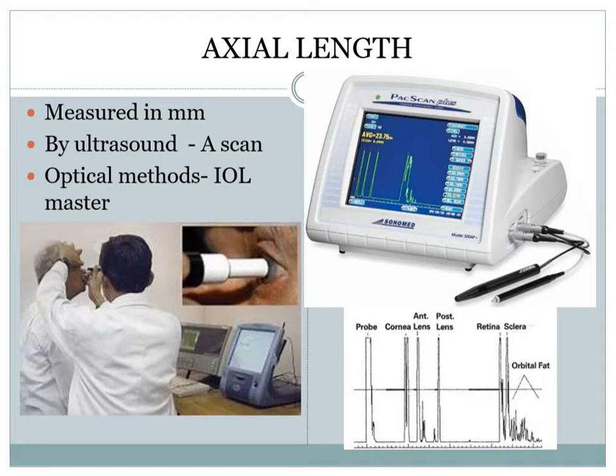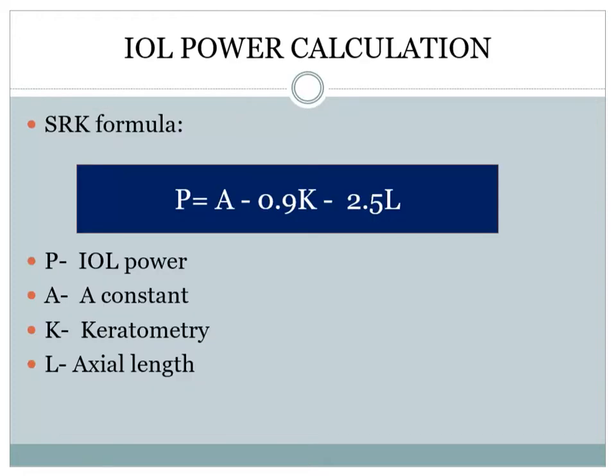The same instrument has an option for calculating IOL power. Once you press that option, the formula is already fed to the computer. It will ask for the A constant, the keratometry readings, and the axial length readings. Once you feed all these three, the computer calculates the IOL power and gives it to you, say as 20.5, 21.5, 23.5.